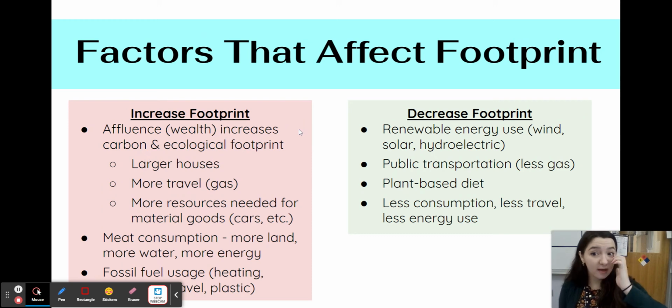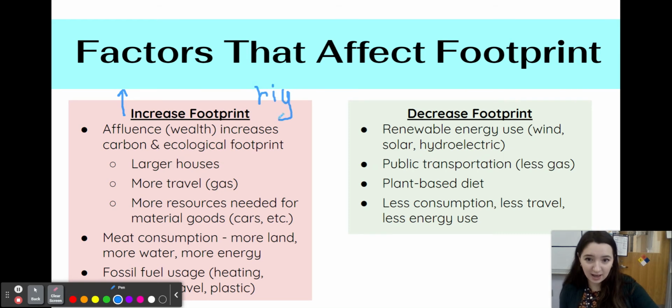Okay, so factors that affect your footprint. The higher the footprint, the more that individual uses in terms of consumption. Factors that increase a footprint, which would be like a high score. Typically, individuals who are wealthier have a higher carbon and ecological footprint.